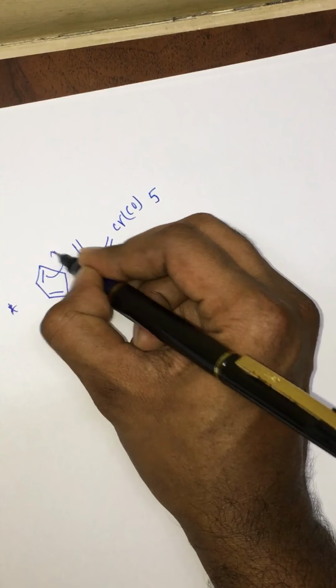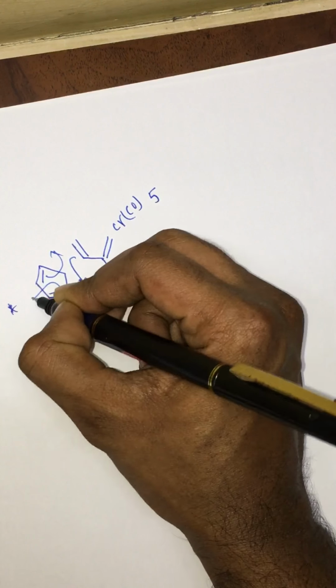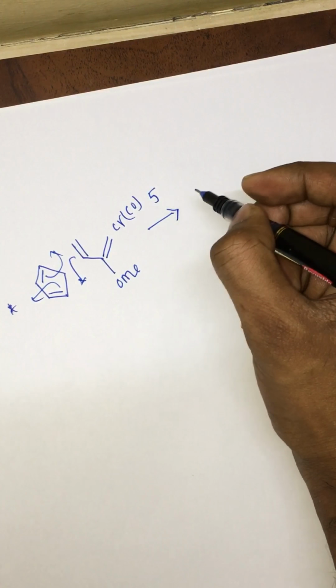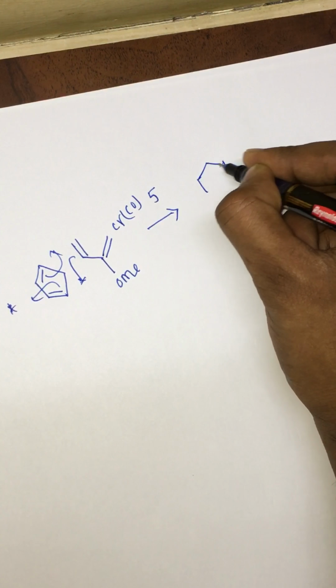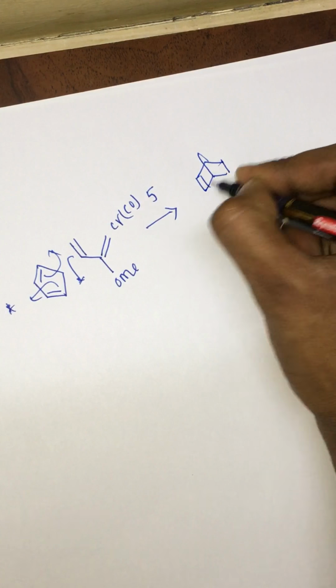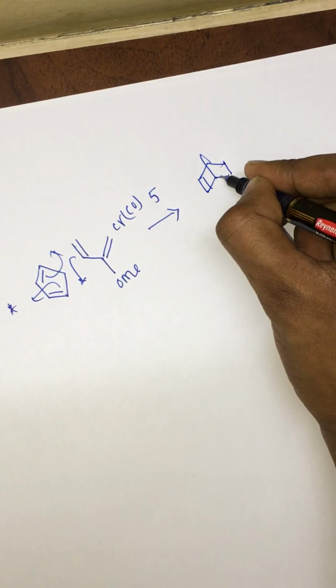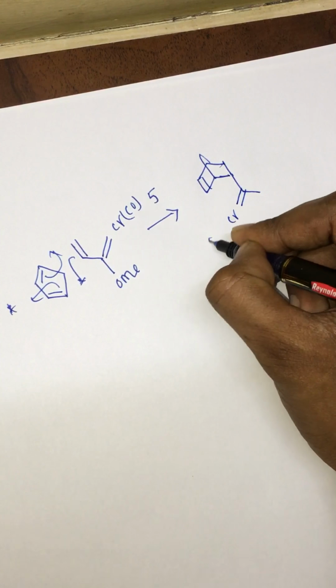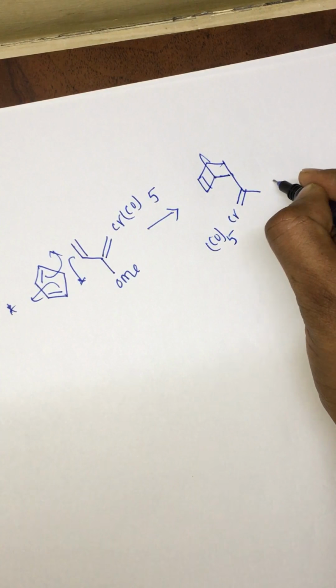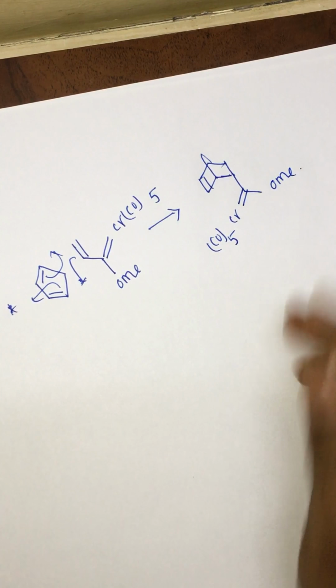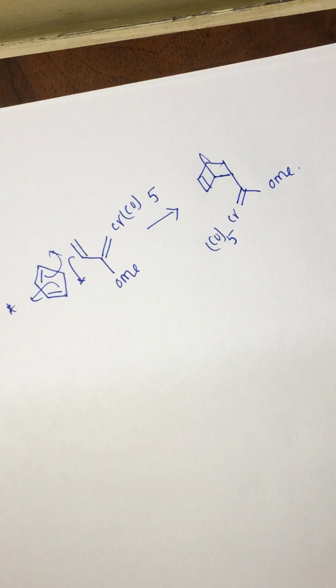So here we will get the endo product. Always in the Diels-Alder reaction we get the endo product as the major product. So here we will end up with CrCO5 and OMe. So this is about the Diels-Alder reaction in Fischer carbenes.